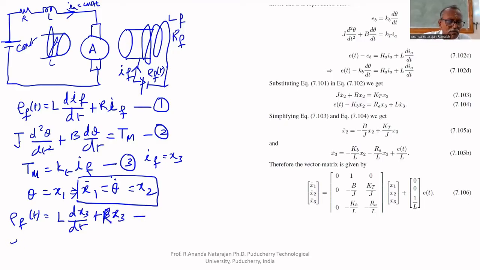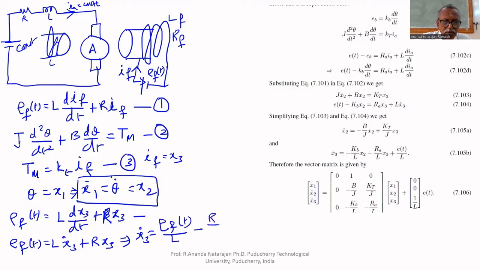Therefore, it can be written as EF of T equal to L x3 dot plus R x3, which implies x3 dot equal to EF of T divided by L minus R by L x3. This is the first equation. X3 dot we got.